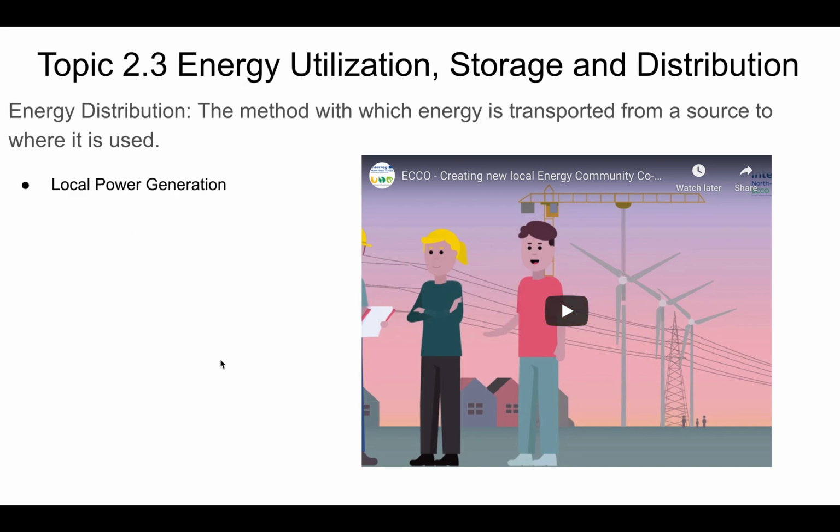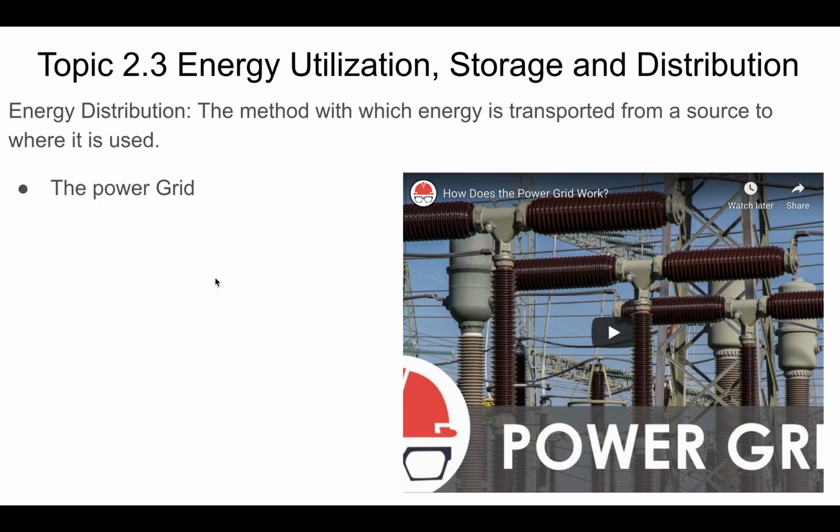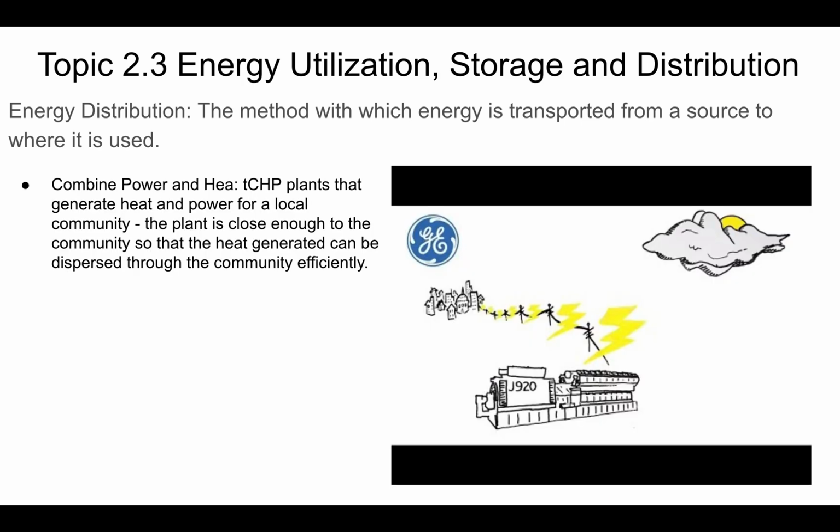Okay, so have a go at watching this, and if you remember back to the video that was back here about the grid, he talks about how the more people and plants and things like that are attached to the grid, the less disruption to services. So the same thing happens here.